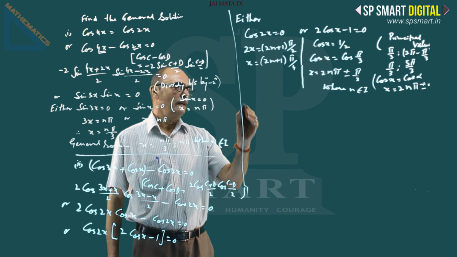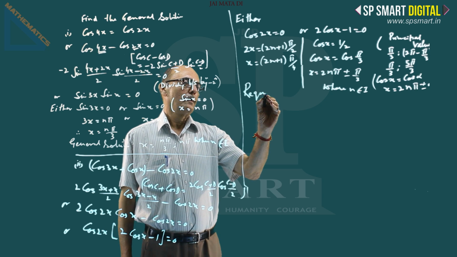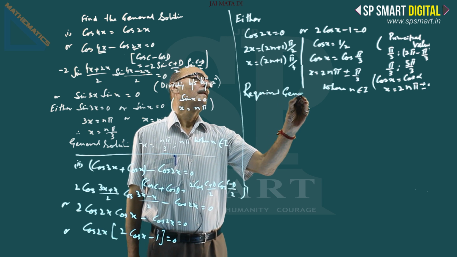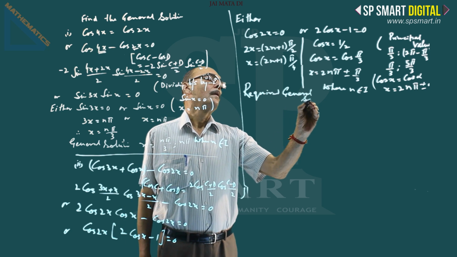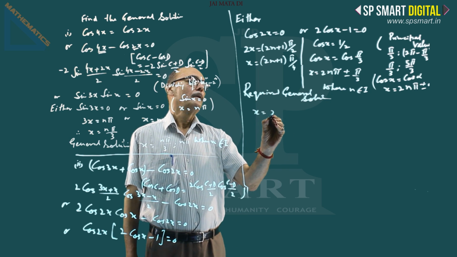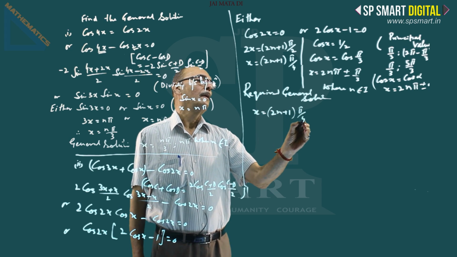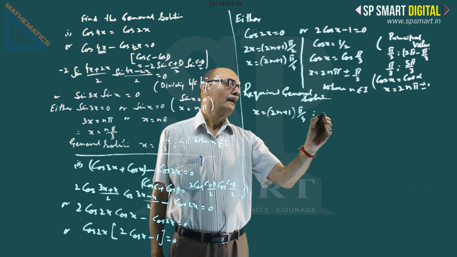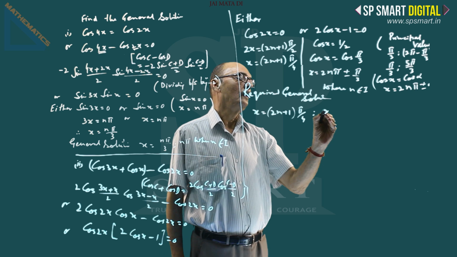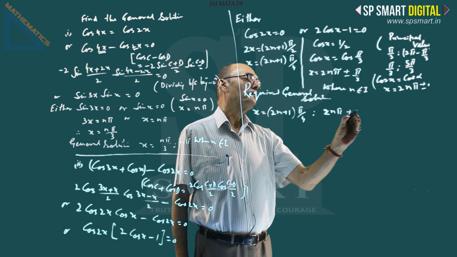Therefore the required general solution is x equal to (2n plus 1) pi by 4 and x equal to 2n pi plus or minus pi by 3.